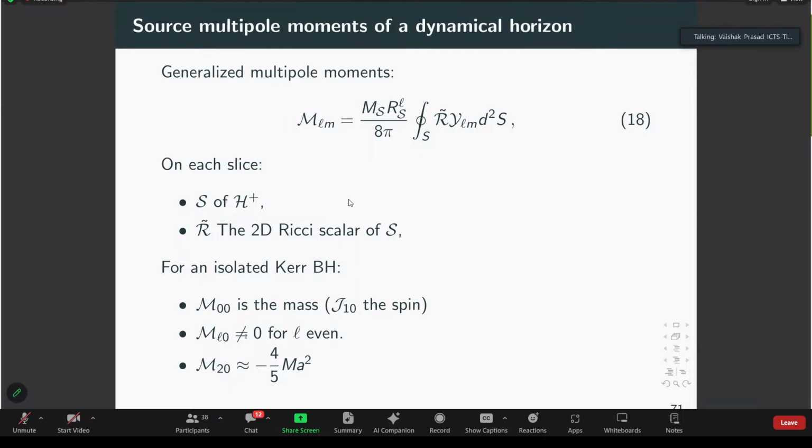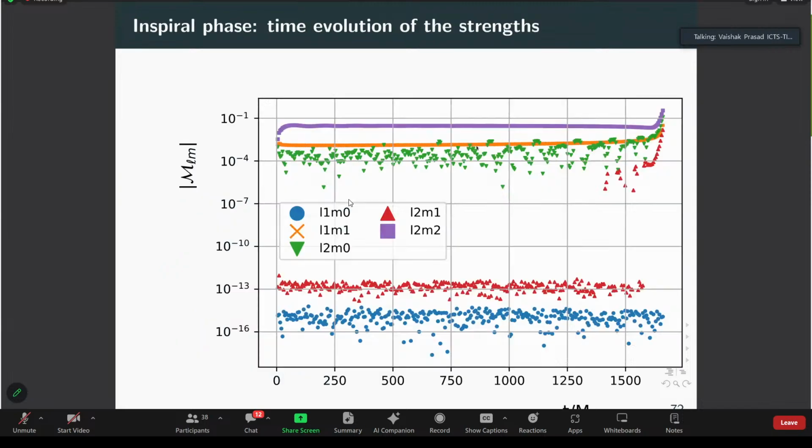As I mentioned earlier, M00 would be the mass. We now have two indices instead of one. And for a Kerr black hole, for instance, M20 would give you something proportional to a squared, where a is the spin of the black hole. And you could also equivalently define the spin multipoles with two indices, and J10 would give you the spin. And these would capture the most general deformations that a dynamical horizon could have.